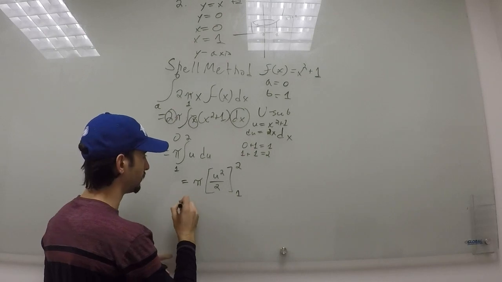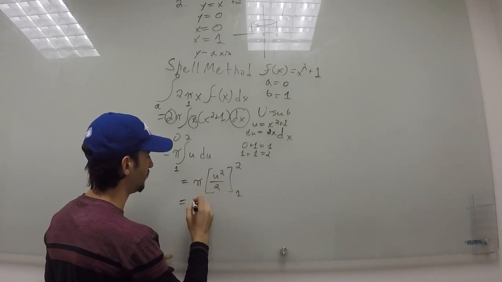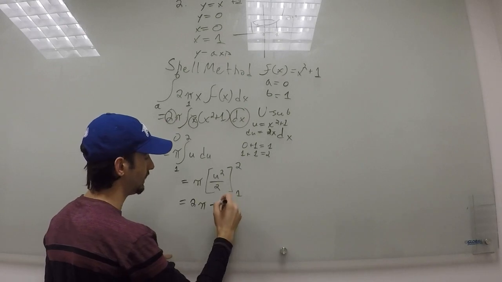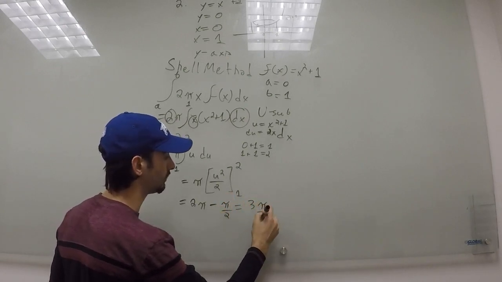If we plug in 2 and 1, we get 2 pi minus pi over 2, which is going to give us 3 pi over 2, which is our final answer.